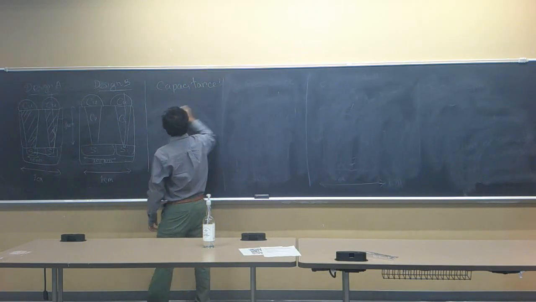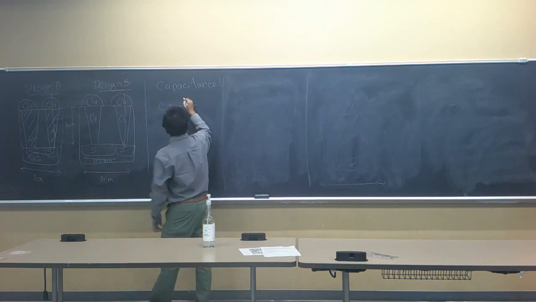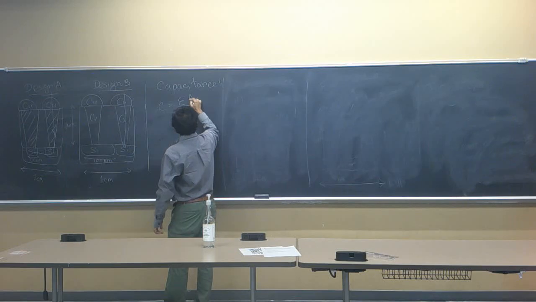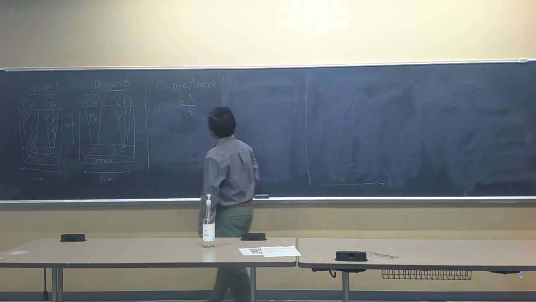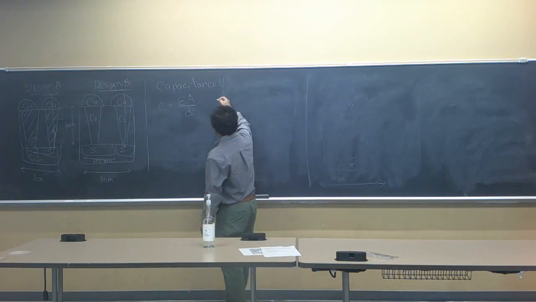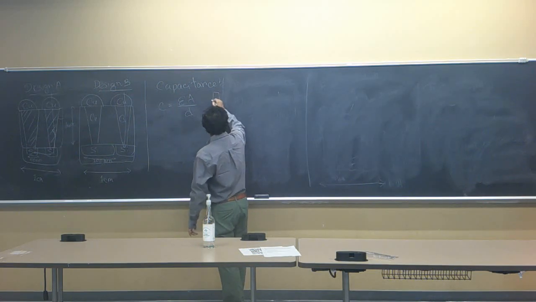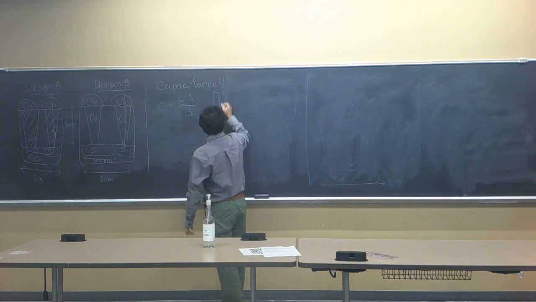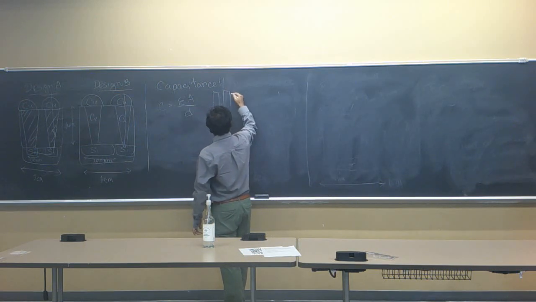For a parallel plate capacitor, C is equal to epsilon A over D. So we have two different metal plates and we bring them close to each other.